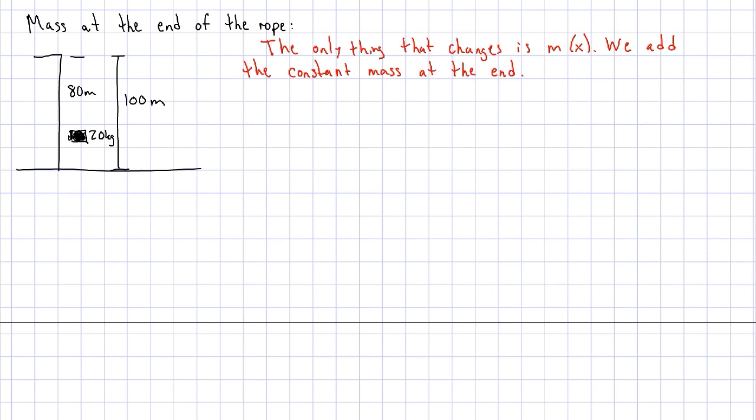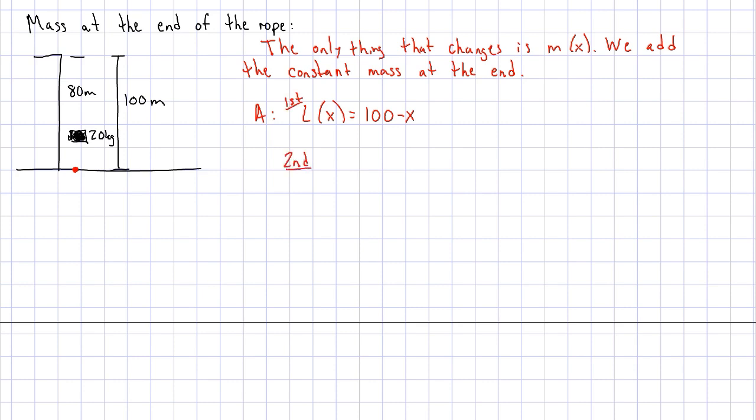So let's do this for scenario A. Remember that our length function for scenario A, this is unchanged, was 100 minus x. So scenario A was when I had my origin at the base of the building. So my length function was 100 minus x.